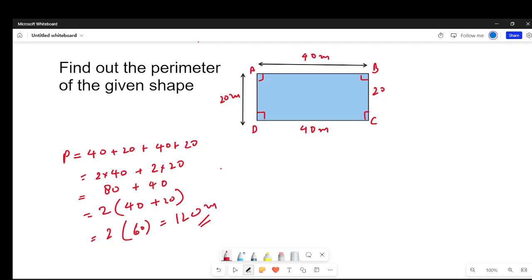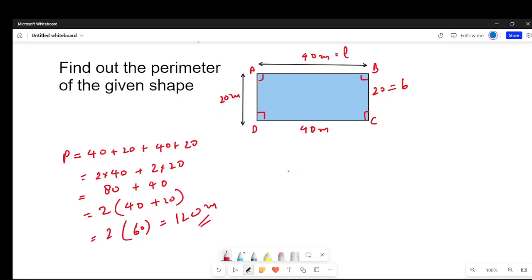Clear? Now, suppose this length is L and this length is B. Then we got 2 times L and 2 times B. If you look at your room, then you will find many faces. In front, you will meet a rectangular shape.